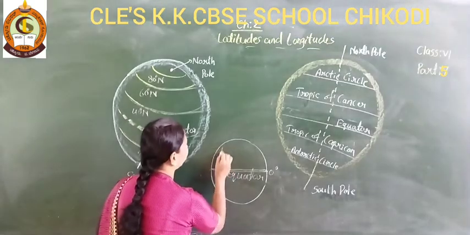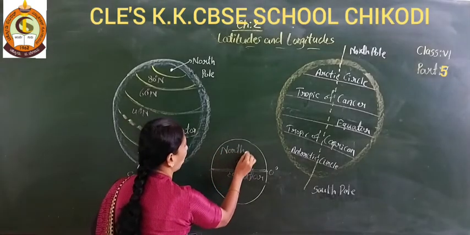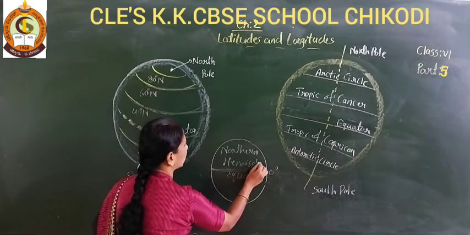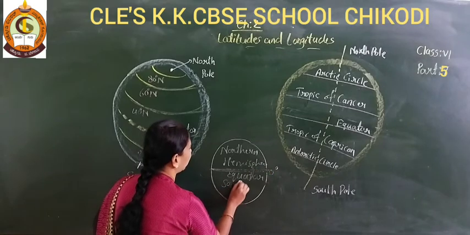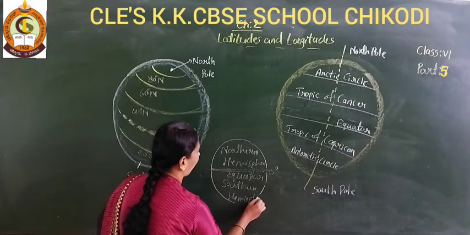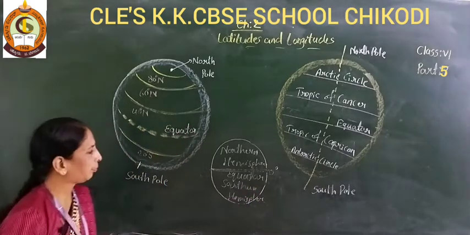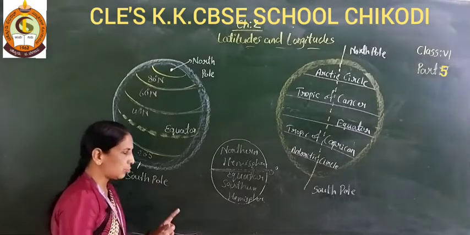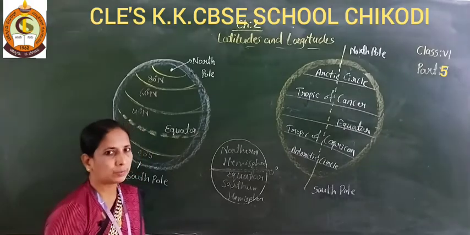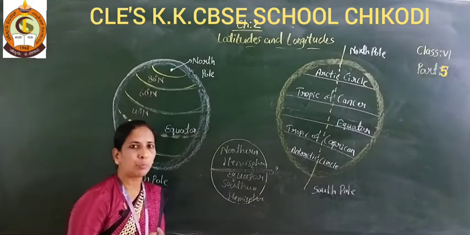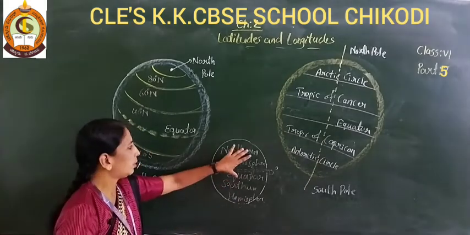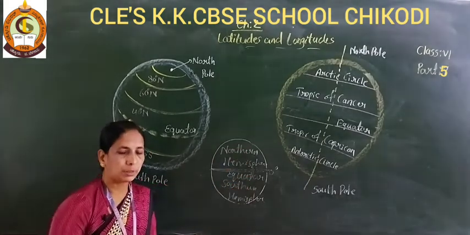One is the northern hemisphere and another is the southern hemisphere. The equator is the longest latitude on the earth and it is at 0 degree.